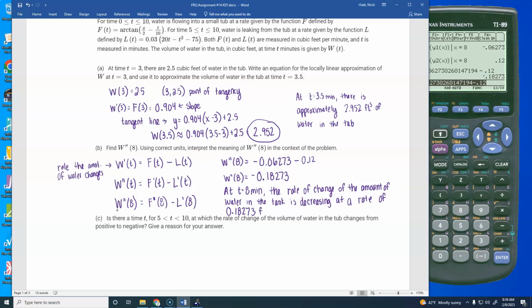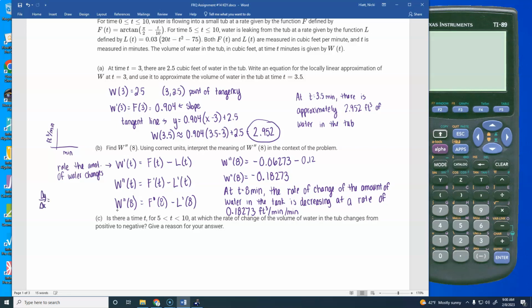It is feet cubed per minute, or you can do per minute squared. Because if you think about W prime, like if you think about that graph, you'd have minutes here, and your rate would be in cubic feet per minute. So when we take a derivative, we're taking our change in y over our change in x.